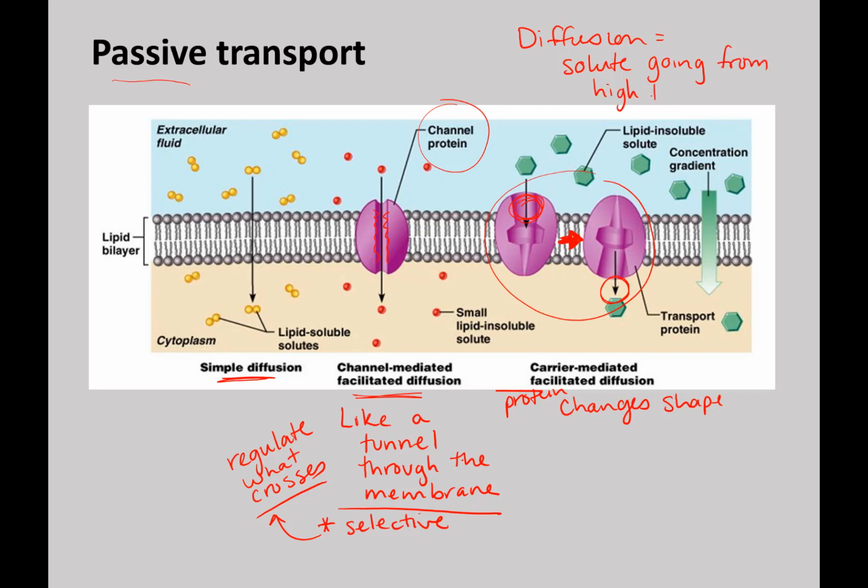There is a different video, remember this is concentration, those little brackets, that talks about water and osmosis. When water moves from high water to low water concentration, we call that osmosis.